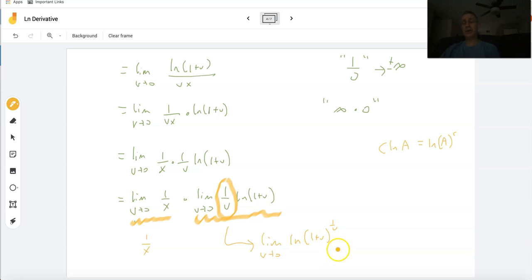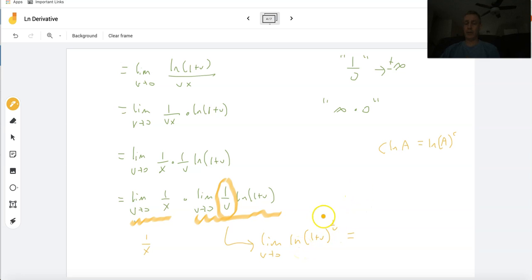Now, once again, if I try to consider what the value of this limit is here, that's going to be a bit complicated. So what I'm going to do, using another property of limits, is use the fact that the natural log function is continuous throughout its domain.